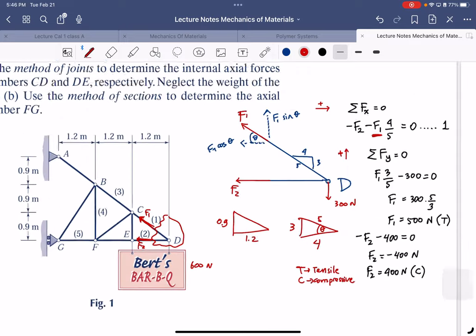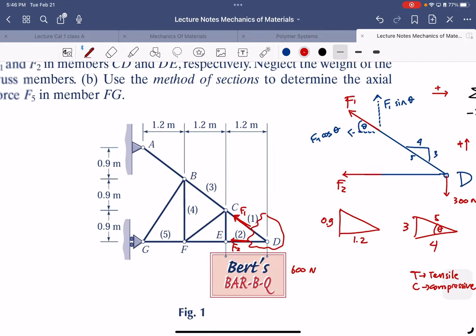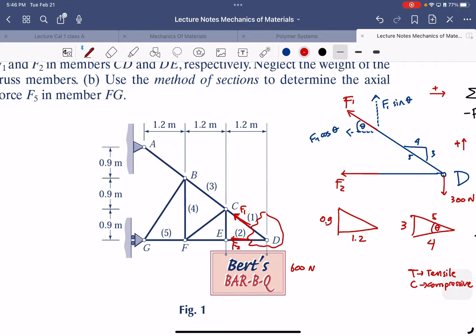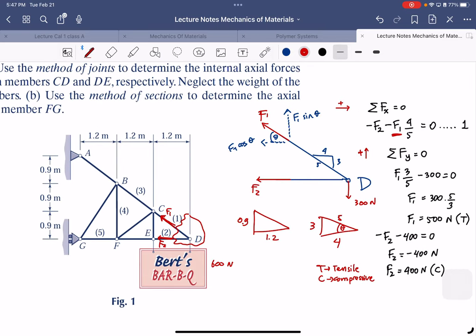Oh, we have another question. Use the method of sections to determine the axial force F5 in member FG. Okay, let me write the whole thing here. F5 here, FG. Use the method of sections.